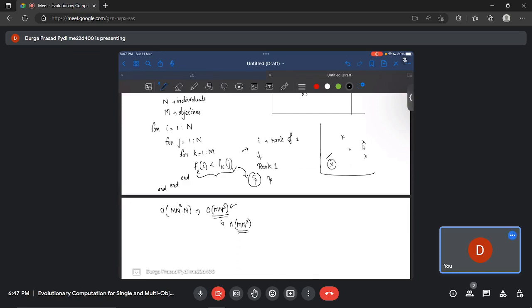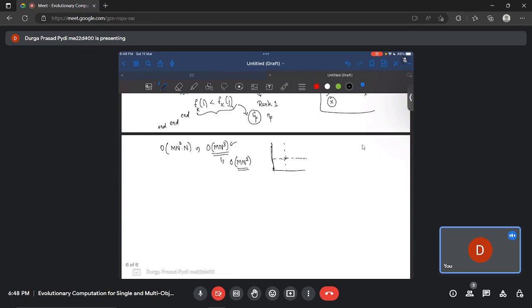If you are comparing one solution, you can divide it into two regions. All the solutions in this region are the ones dominating the given point, and these are the ones dominated by the given point. We will keep track of only these two quadrants. SP will track this one.